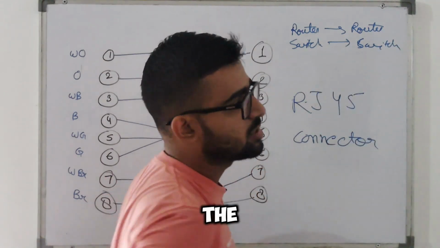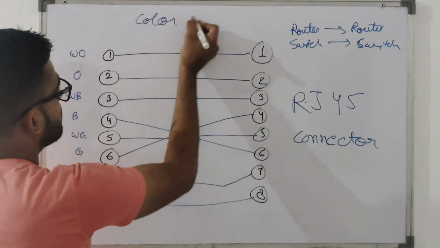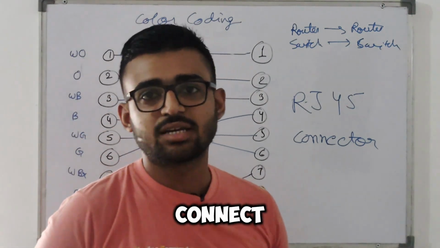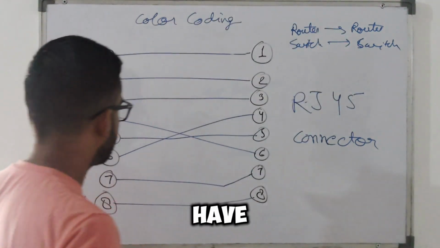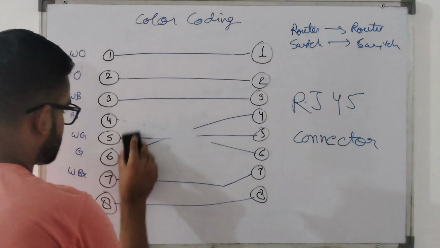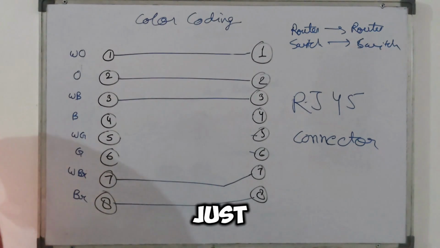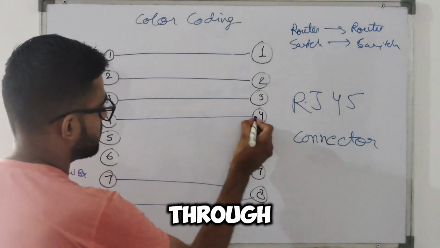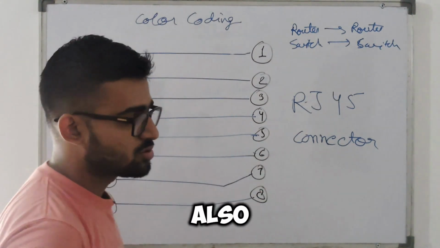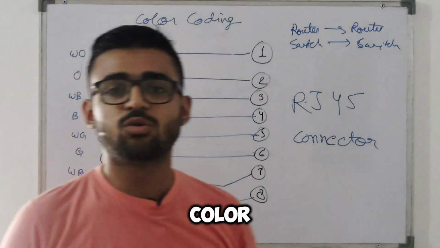So when you have to connect the same devices, then you follow this color coding pattern. But when you have to connect different devices, then you change the color coding and simply make it straight through. Why am I not connecting every device with the same color coding pattern?